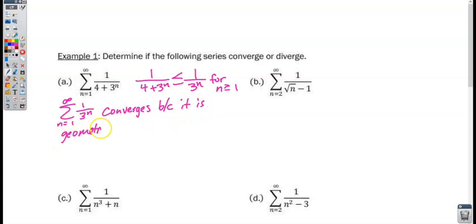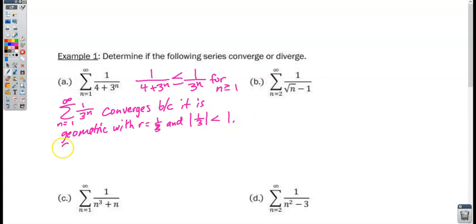I like to string these logic trains together when I'm talking about comparison. We show that one series is bigger than the other. We then figure out that this series converges. Why does it converge? Because it's geometric with r equals 1/3, and the absolute value of 1/3 is less than 1.